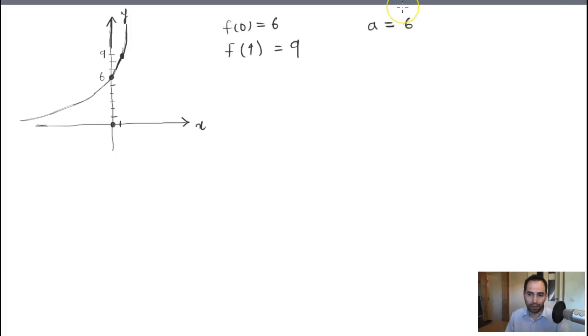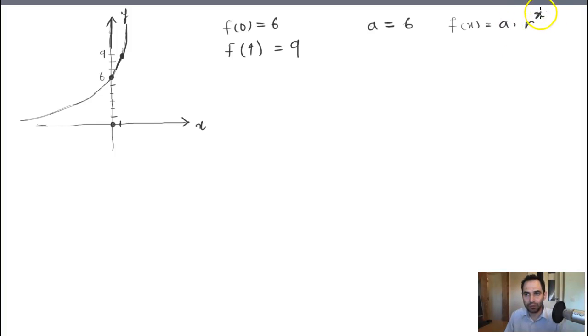So your a is equal to 6. Now I will also tell you why that happens. Let's say the general form of this exponential function is f of x is equal to a times r raised to the power x.